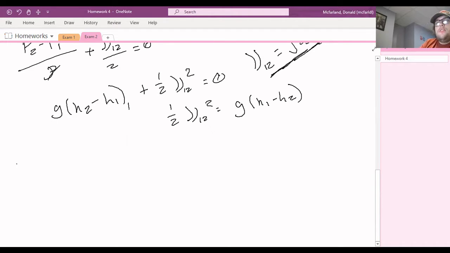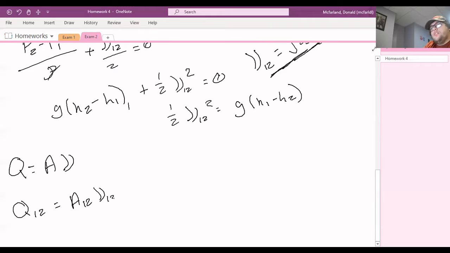But the reason we found velocity is that flow rate is equal to the cross-sectional area of the pipe multiplied by the velocity of the fluid. So since we have velocity 1,2, with the cross-sectional area for the pipe for 1,2, we get Q12 equal to A12 multiplied by its velocity.